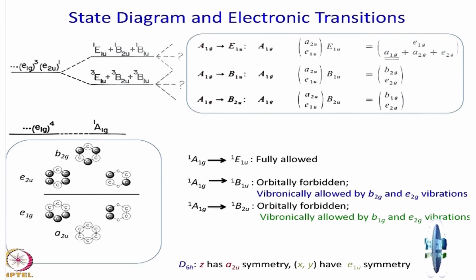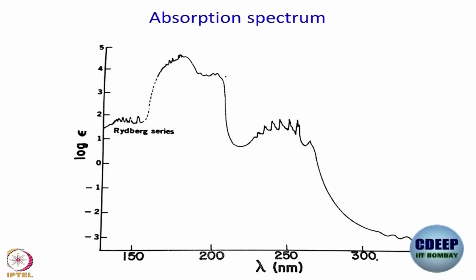From there, we are going to discuss the spectra of benzene that is right in front of you. That is the absorption spectra, in the y-axis is the logarithm of epsilon, the molar extinction coefficient.